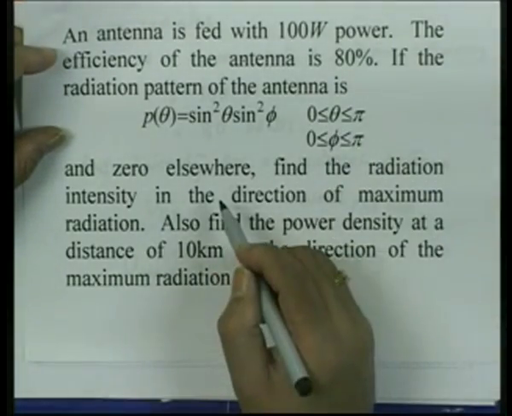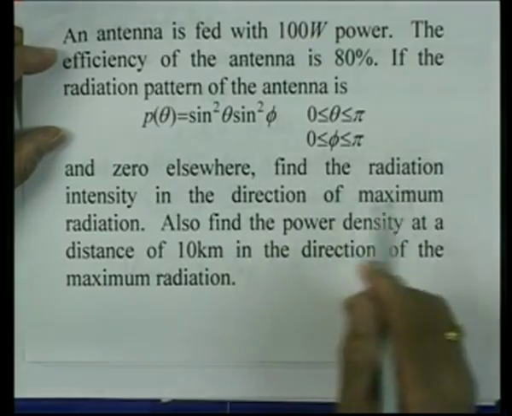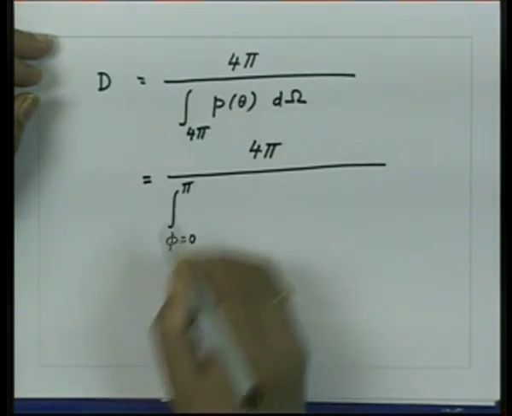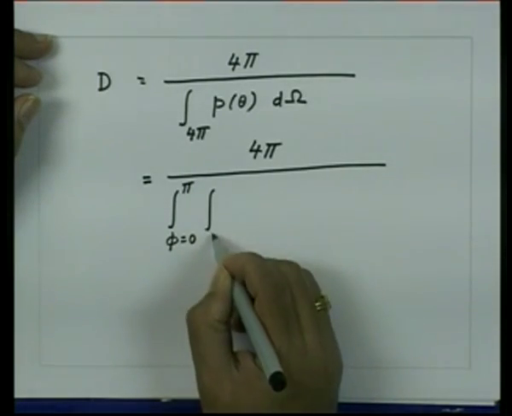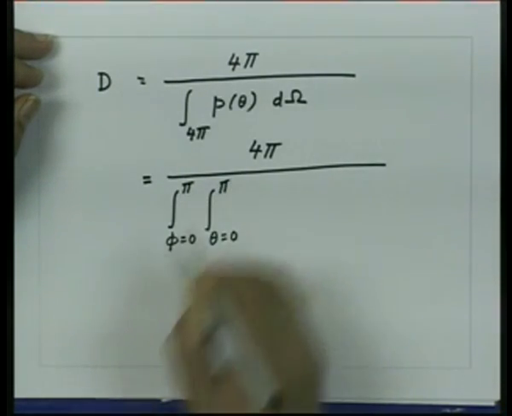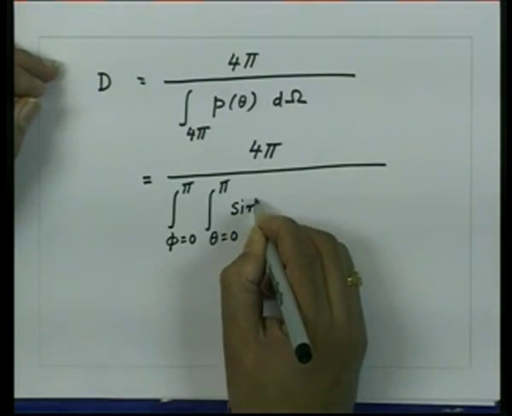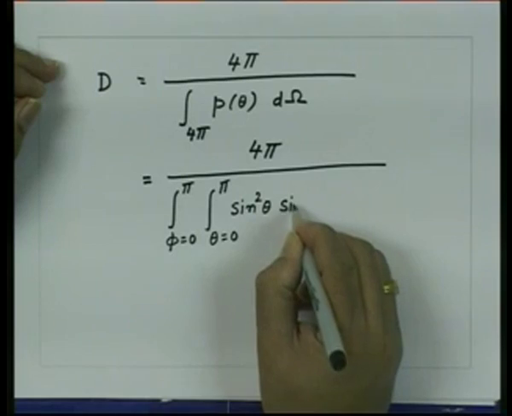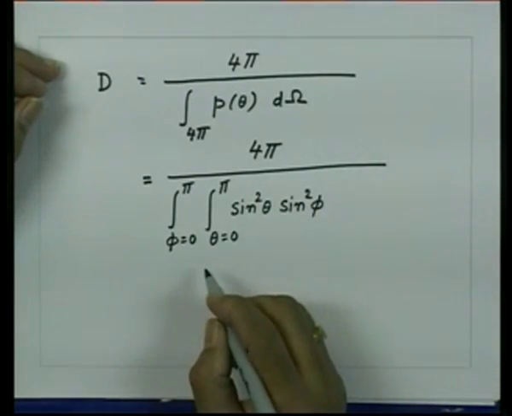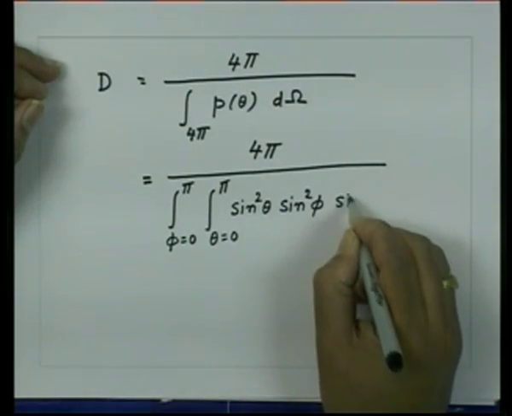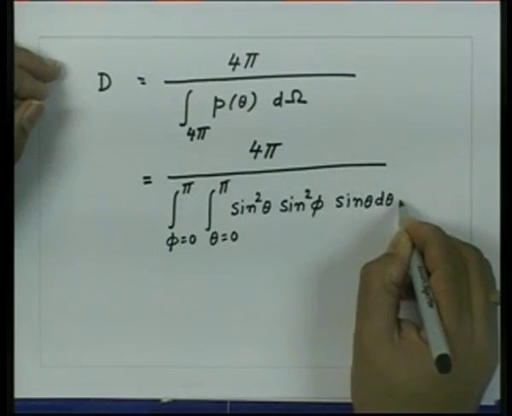Same is true for theta: the radiation pattern is non-zero only over the range 0 to pi. So, we have a limit for phi equal to 0 to pi, and for theta also a limit 0 to pi, and the power radiation pattern is given by sine square theta sine square phi, and the incremental solid angle is sine theta d theta d phi.